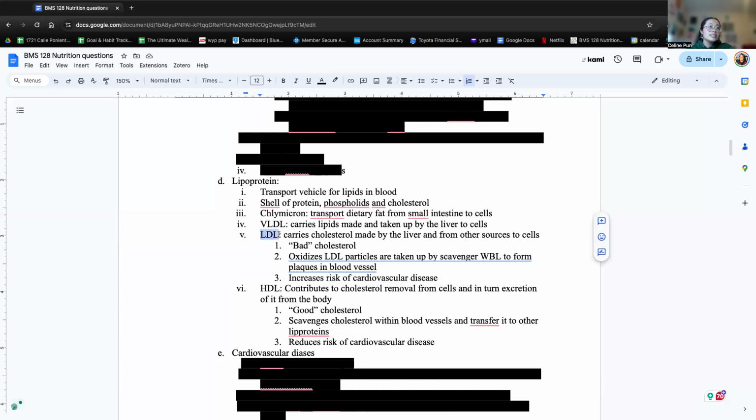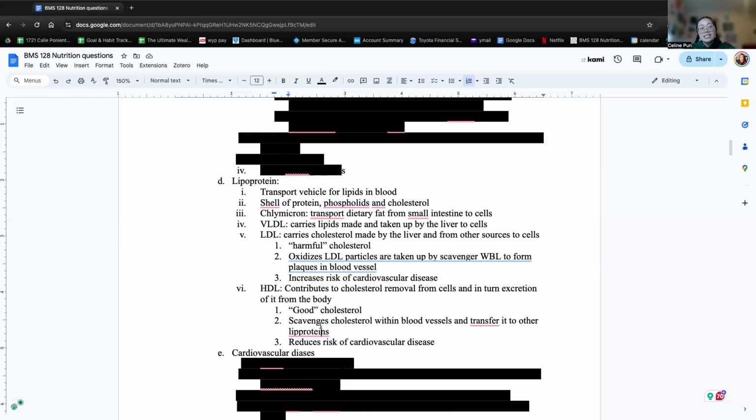There are two kinds. There's low density lipoprotein, which is called bad cholesterol in quotes. They don't have morals, but having too much of this creates plaque, which is harmful. And then HDL, which is high density lipoprotein, is not as harmful.